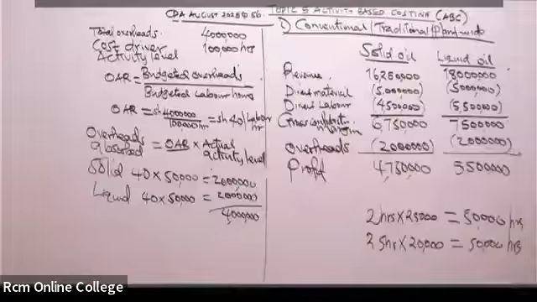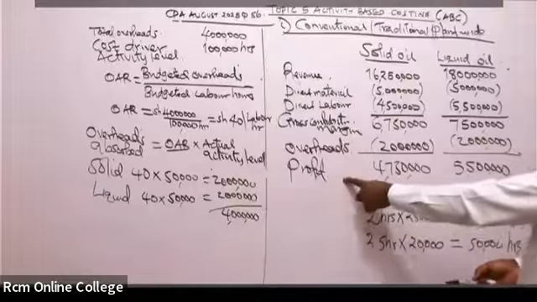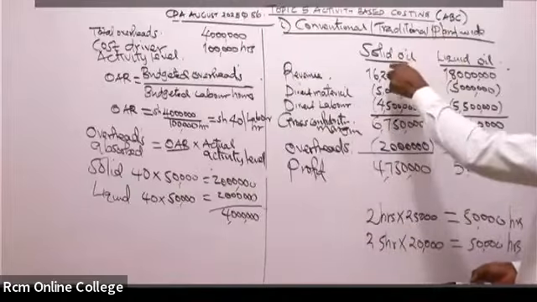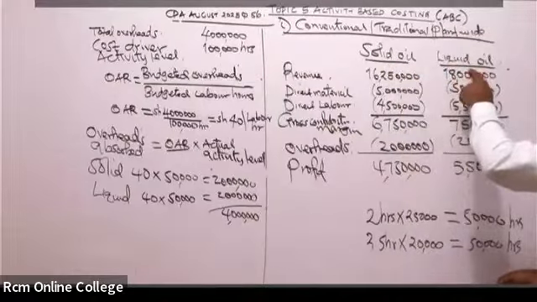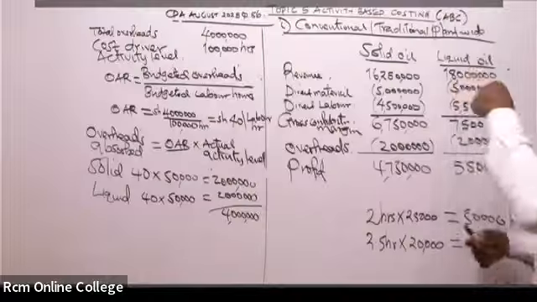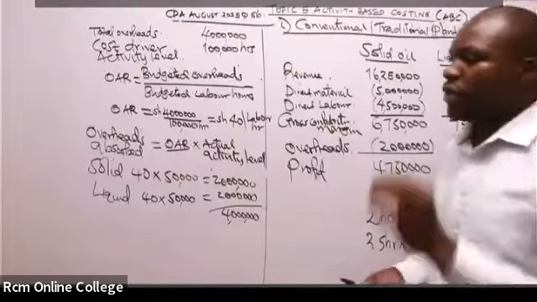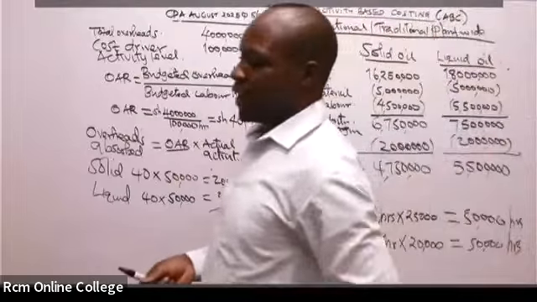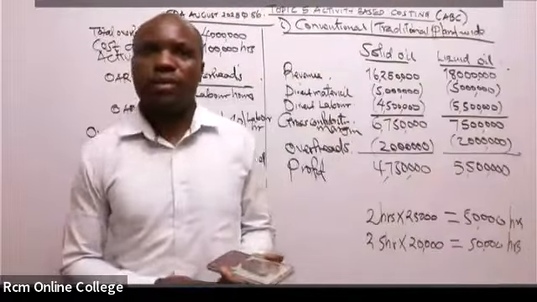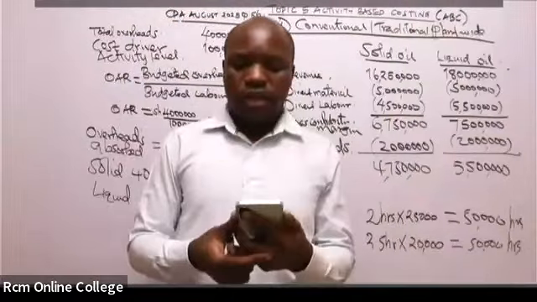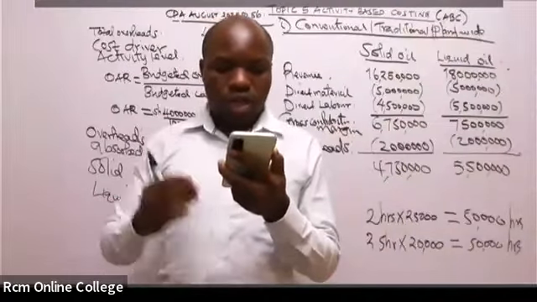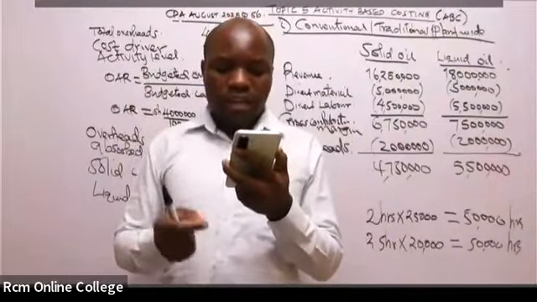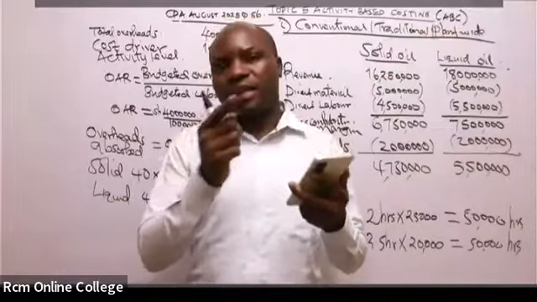So we have profit for all the 25,000 liters of solid oil, and for all the 20,000 liters of the liquid oil. Let us go to the question and understand what we are required to do specifically. Is it the profit per unit, or the cost per unit? We are told to calculate the budgeted profit per liter.